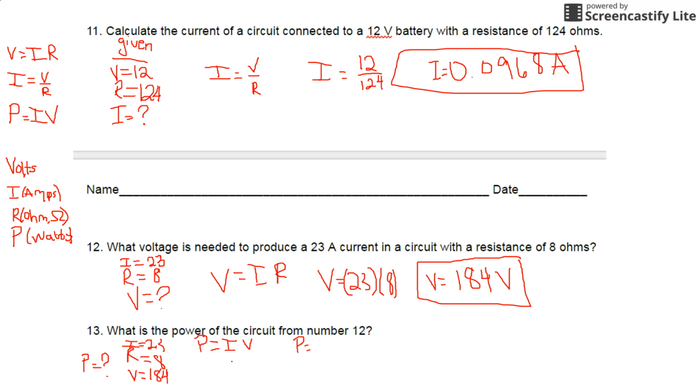Power equals, let's see, I is 23. Voltage is 184.